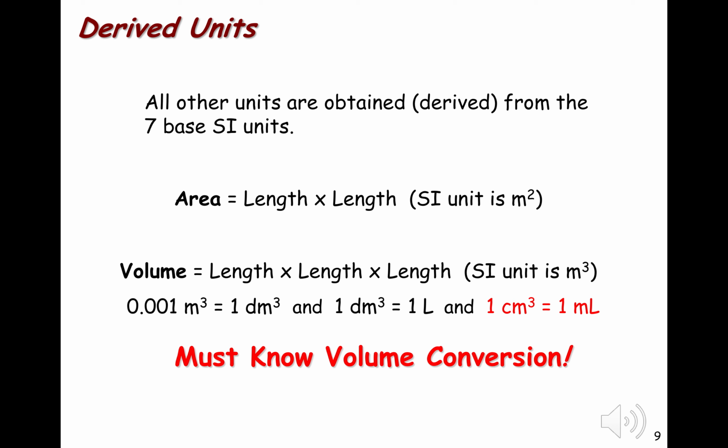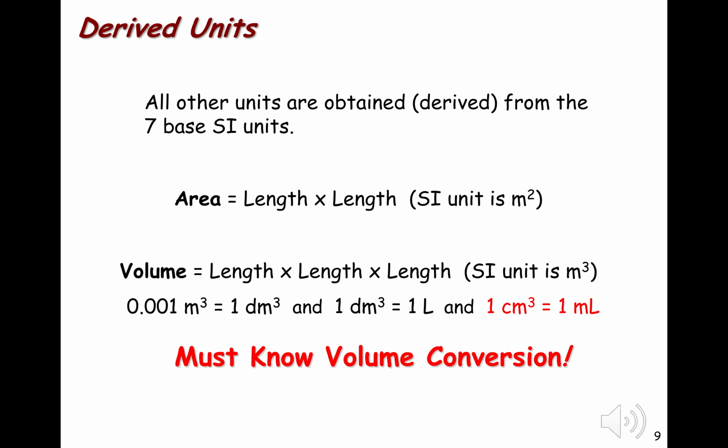And oftentimes then the unit will be represented as a meter exponent 2, which is given the name meters squared. And so that would be the same as a meter times a meter.